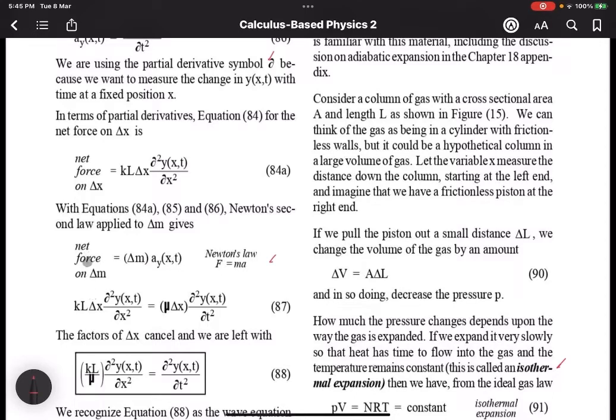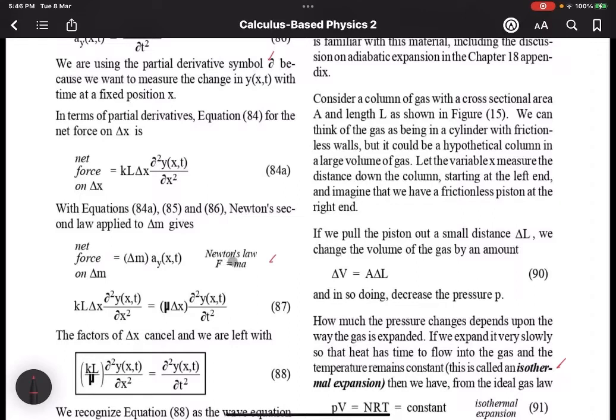So we will have the net force on the change in mass is equal to, or represented as, KL times the change in x times the derivative, where the time is constant, is equal to the mass, ito yung mass niya, times the derivative, which is represented by the acceleration dito sa ating original formula, no?